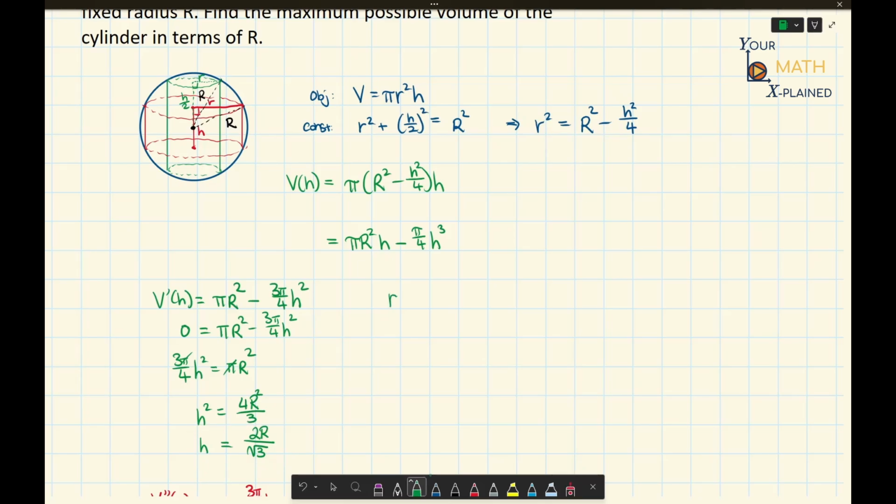And that gives us lowercase r squared is equal to capital R squared minus 1 over 4 times 2 times capital R over root 3 squared. And this is equal to capital R squared minus 1 over 3 times capital R squared, which is 2 over 3 times capital R squared.